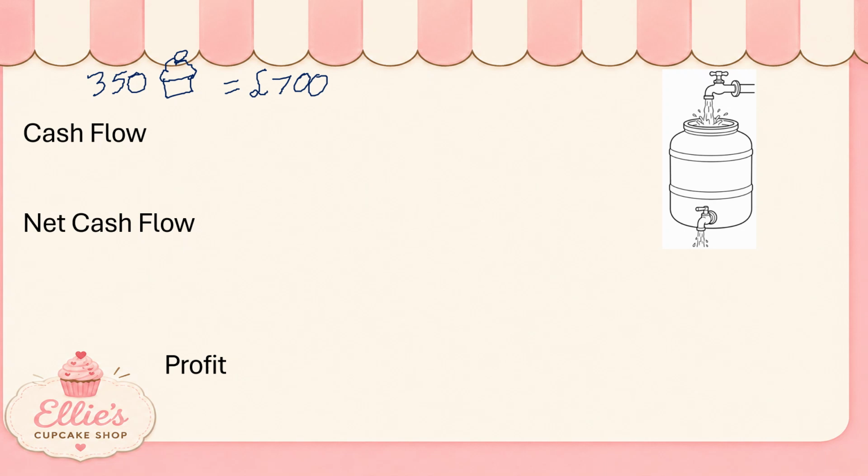So cash flow is the money in and the money out. It is the movement of money, let's call it cash, in and cash out.